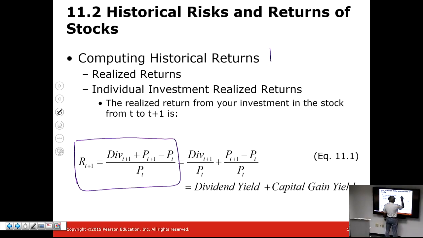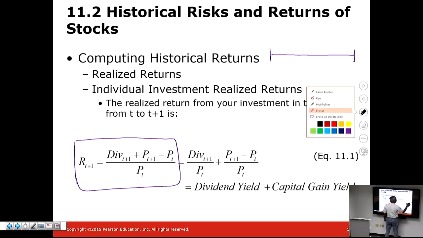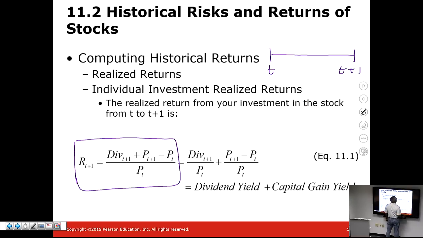In a simple one period timeline, 0 being today, 1 being tomorrow, or in general you can say this is t and this is t plus 1. So the return over this time period would be the return over the period t plus 1.